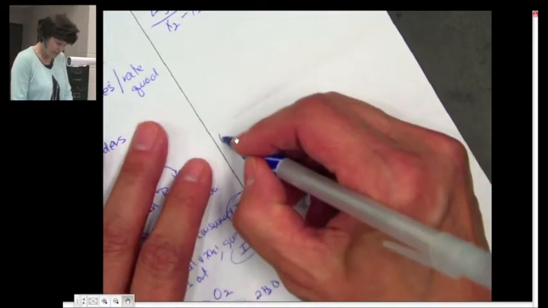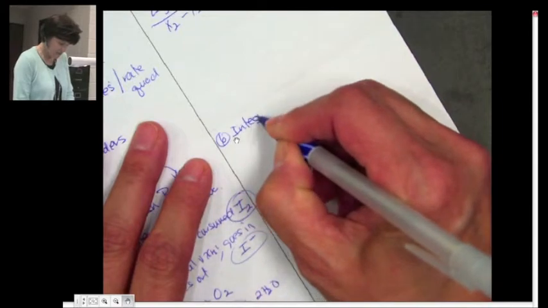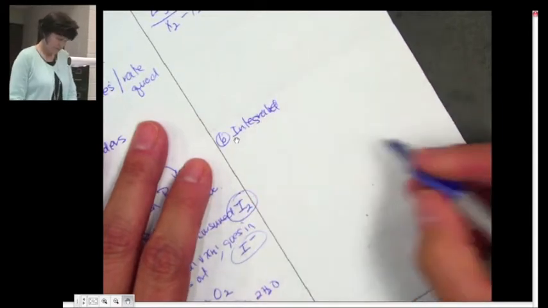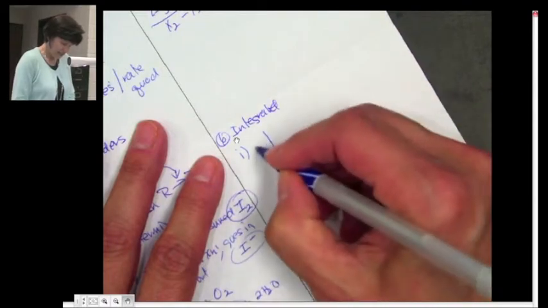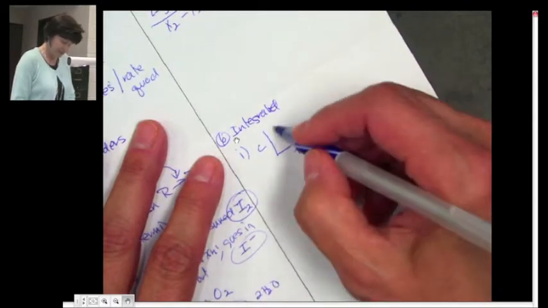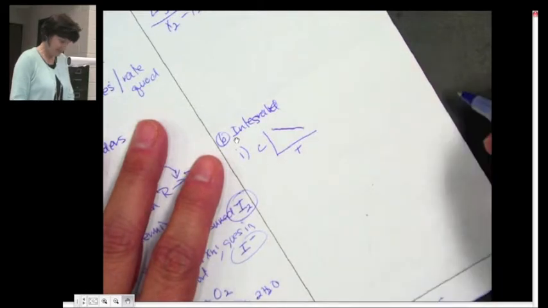Okay, so for the integrated rate law, we're going to take that data, and if we graph the concentration versus the time and we get a line like this, the equation for that line is y = mx + b, because it is a straight line.